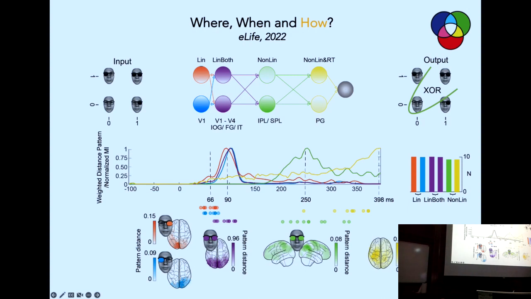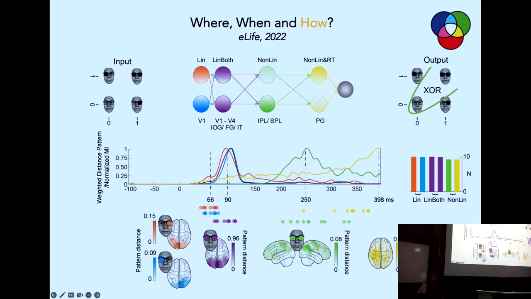Well, simply, this is a schematic representation of the video that you have seen. We compute a linear model that codes the on-off state of the left lens, the on-off state of the right lens, the on-off state of the two lenses in the same MEG activity, and we add a linear model with an interaction term as well to see whether the interaction between the two eyes is represented in the MEG activity.